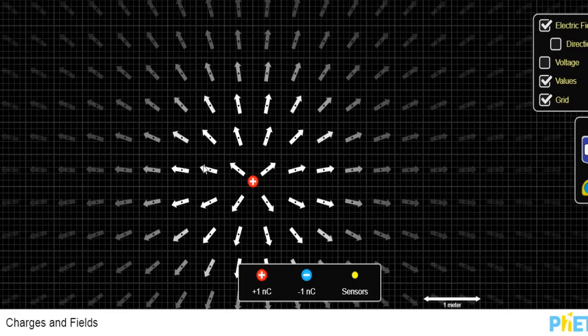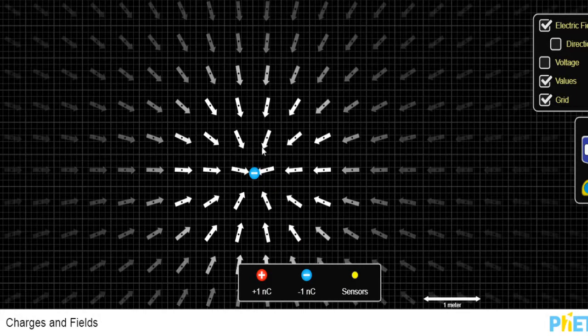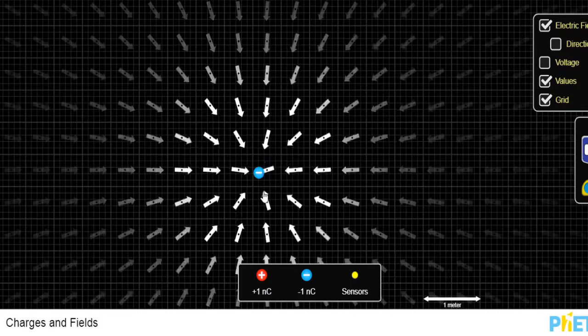You see, the effect can be represented by arrows. Similarly, if we take a negative charge, then the arrows will look like this. So this is the electric field we are going to discuss. Let us understand what the electric field is.